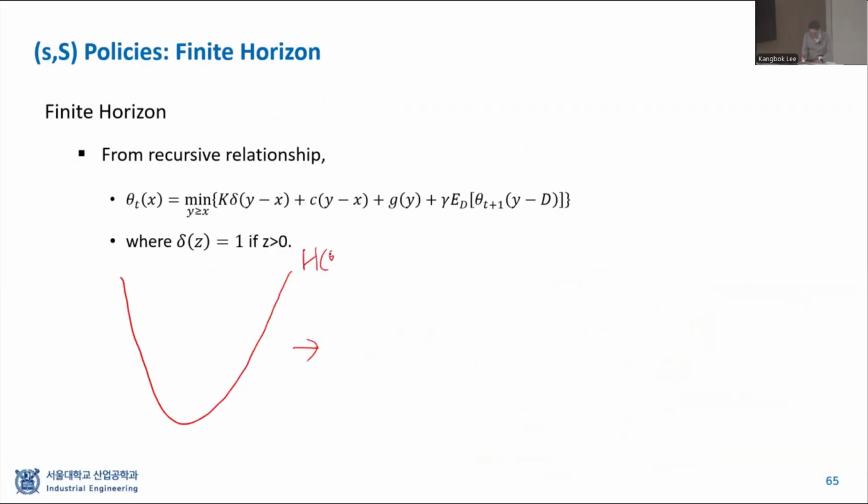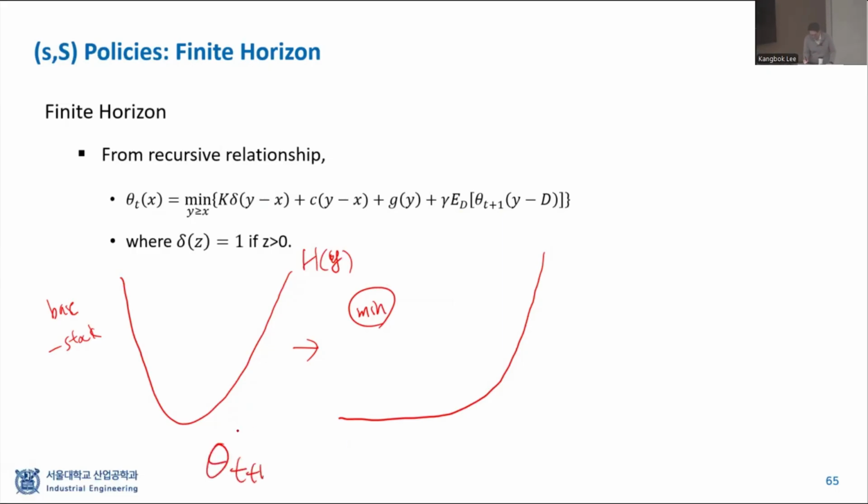Our H with the minimum in the base stock case, we had a figure like that. Do you remember? So it remains convex. This structure continues: if theta t plus 1 is convex, theta t is still convex.